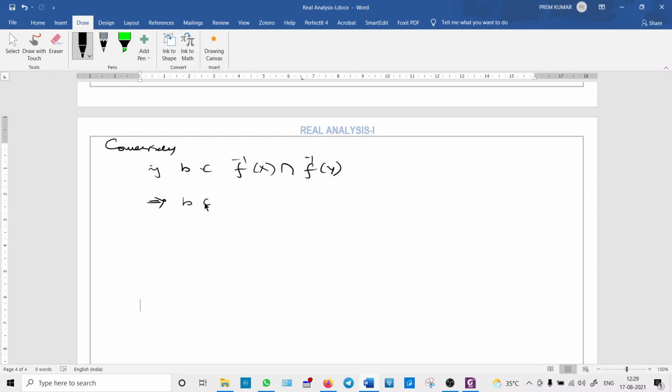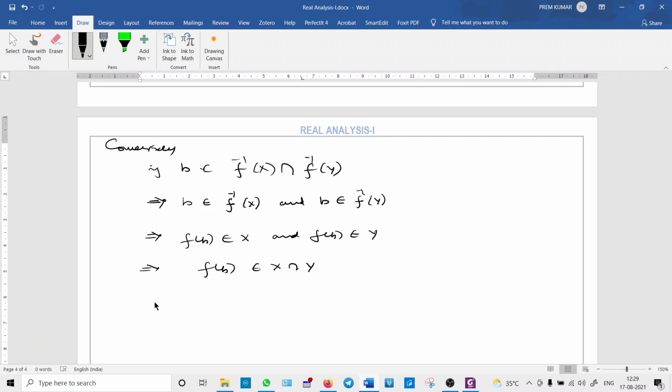B is an element of f inverse of X and B belongs to f inverse of Y. If B belongs to f inverse of X, then f of B is an element of X and f of B belongs to Y. It belongs to both X and Y, so f of B belongs to X intersection Y. If f of B belongs to X intersection Y, so what is the meaning? Which implies B is an element of f inverse of X intersection Y.